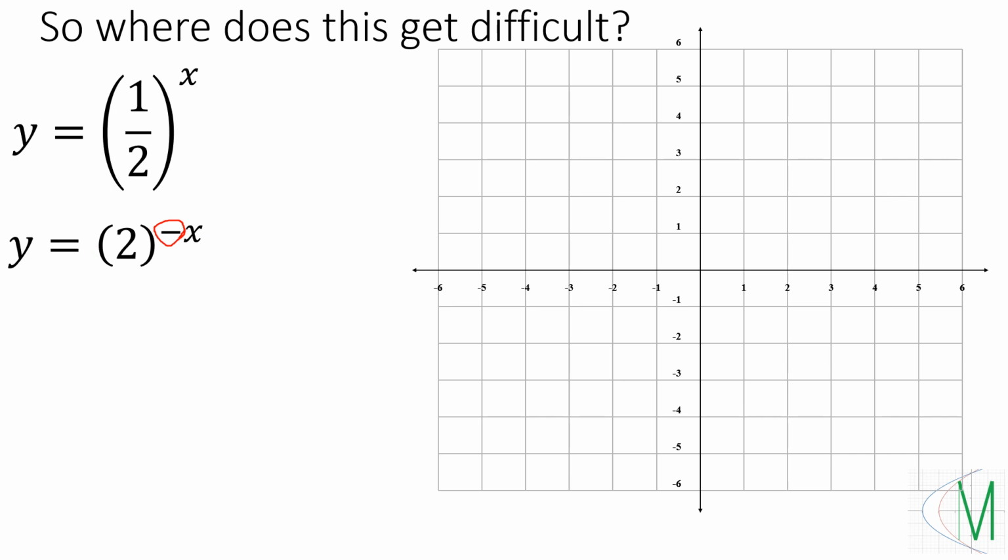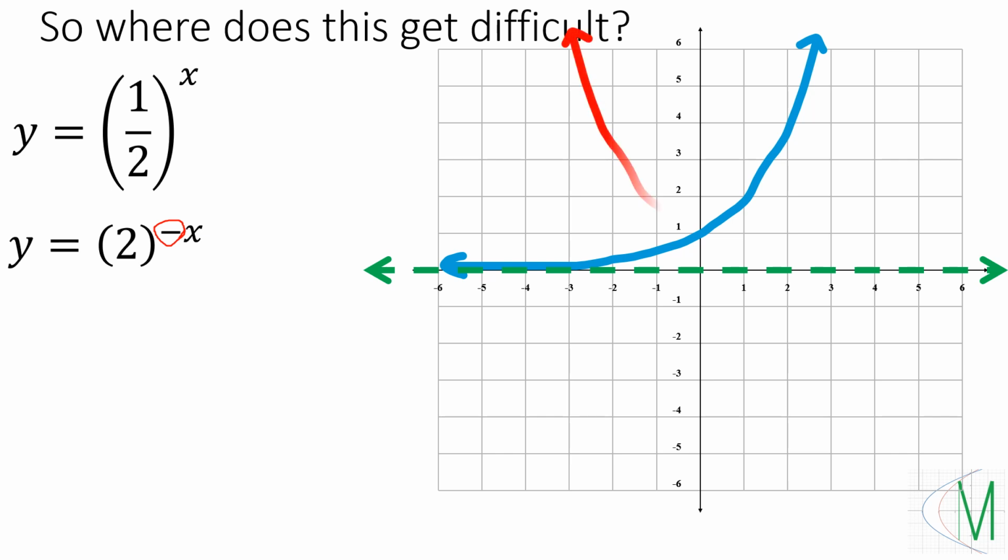And what I'm going to do is take my basic shape. Here is what the basic graph looks like. Since the negative is now in front of the x, I'm going to flip it over the y-axis. Sorry, there's my asymptote. Flip it over the y-axis, and now I have the exact same graph, just flipped over the y.